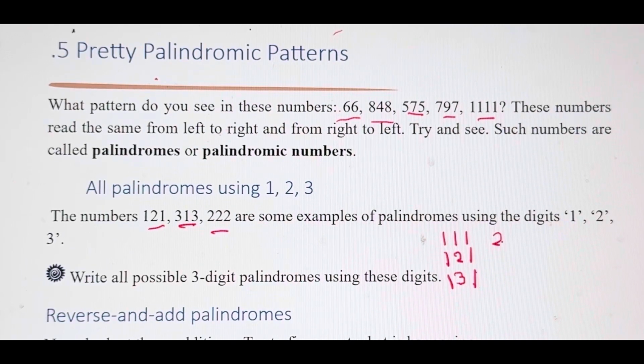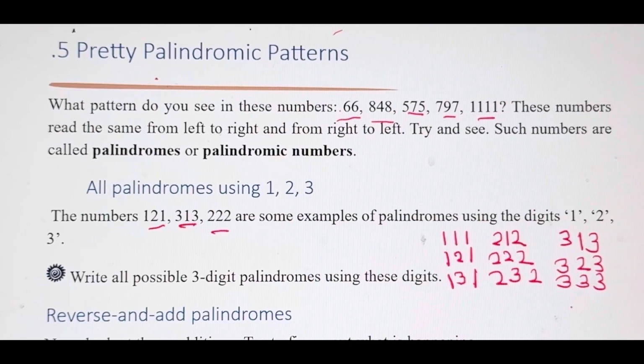So you can write 212. Then 222. Then 232. This is the third possibility. Then we go with 313, 323 and 333. So if you go in a manner and follow some pattern, you will get all the possible palindromes.